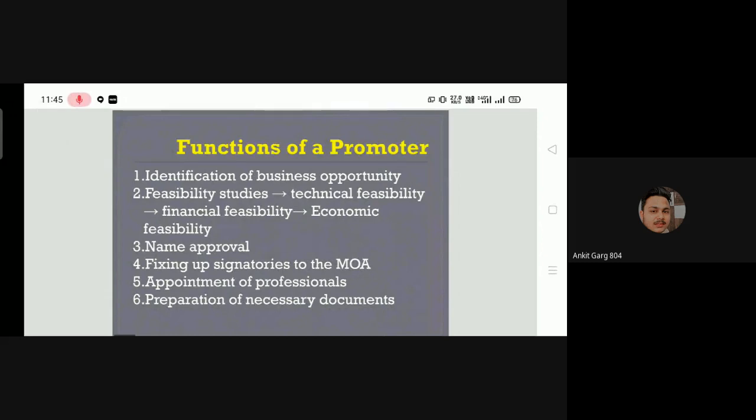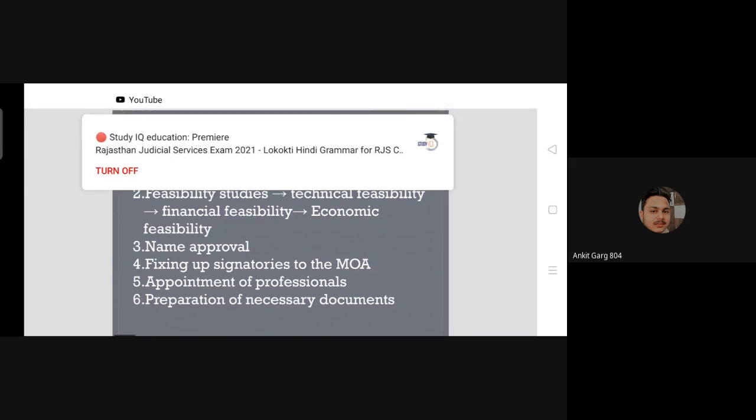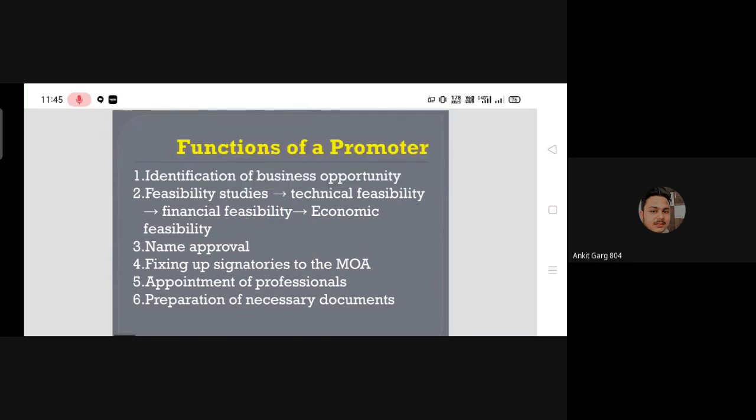Second is feasibility studies. In this, they see that there is technical feasibility, financial stability, and economic stability. And third one is name approval. Fourth one is fixing up signatories to the MOA. Fifth one is appointment of professionals. And sixth one is preparation of necessary documents.